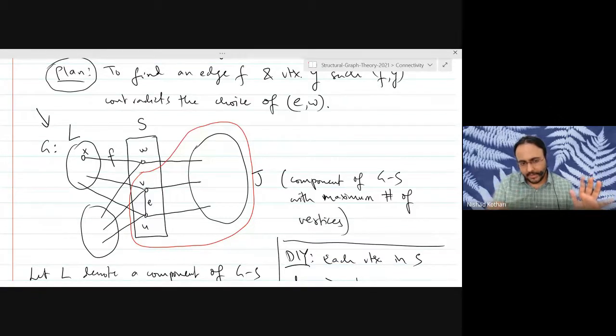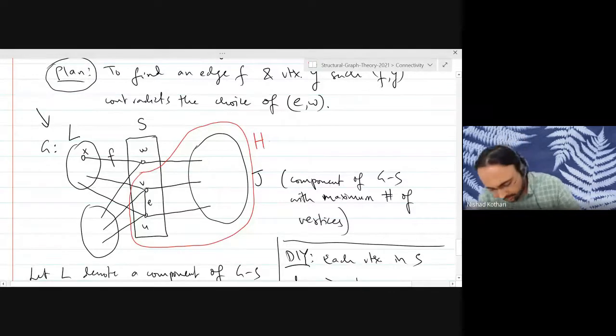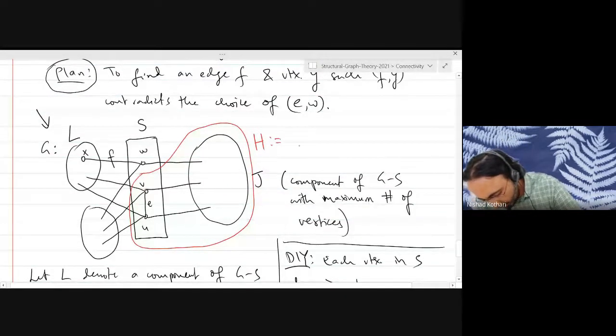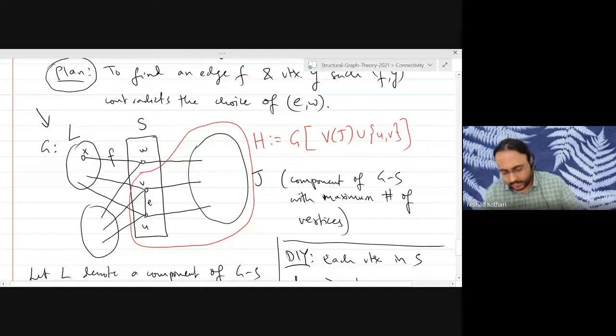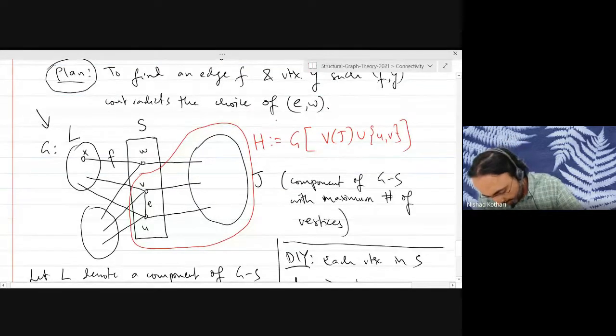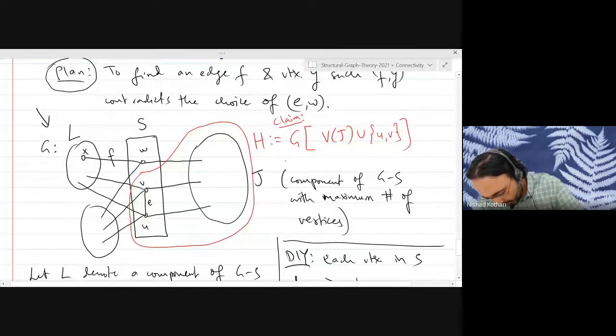If it is here, then after deleting Y, this graph will still be connected. This graph, let's call it H, is induced by the vertices of J union U and V. We will prove that this is two connected.